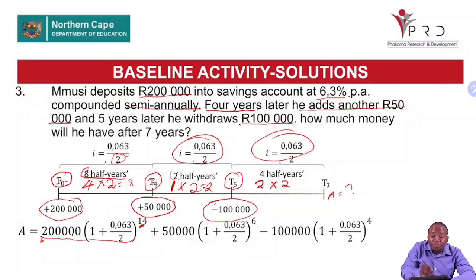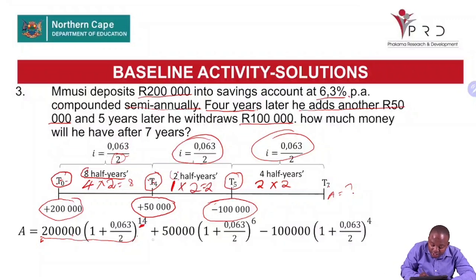So the 200,000, from the moment it was invested, has received interest 14 times. Now, we're saying A is equal to 200,000 into (1 plus I), our interest rate divided by 2 as it was explained earlier, all raised to the power 14, as the 200,000 will remain in the account until T7.